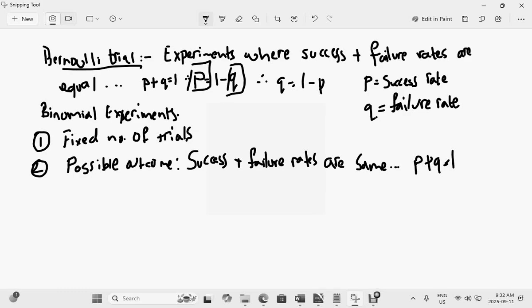And the last possibility, this has to do with binomial experiments as well: your n number of trials are independent and are repeated. N is a variable that stands for number of trials. They are independent.